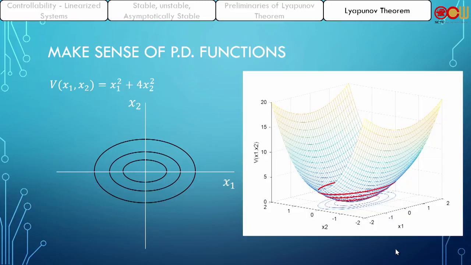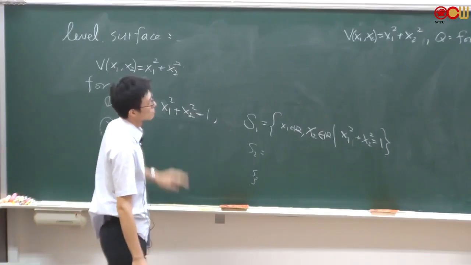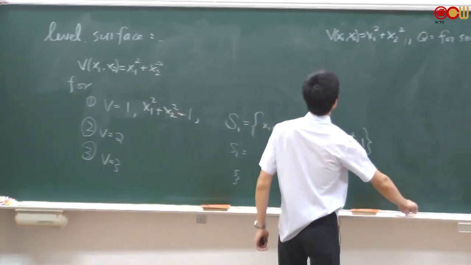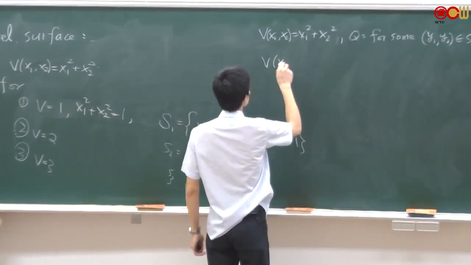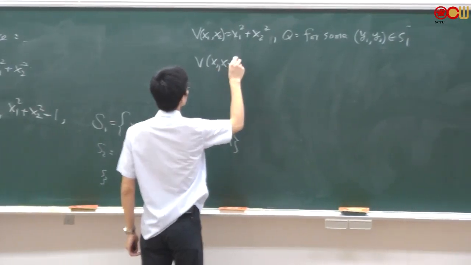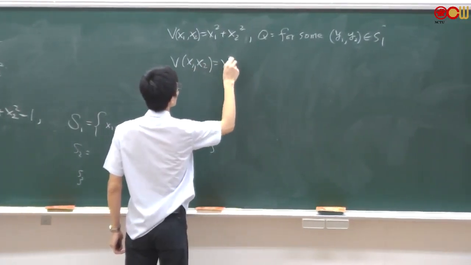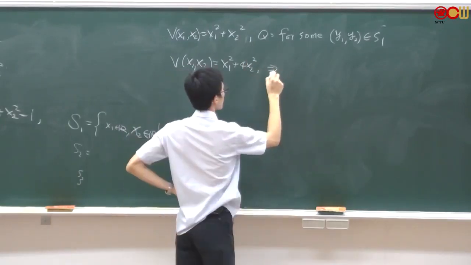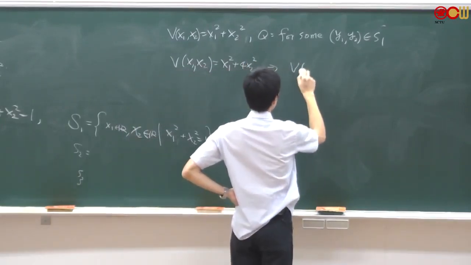But the level set is not a circle anymore. Given some level set condition, let me write down V of x.